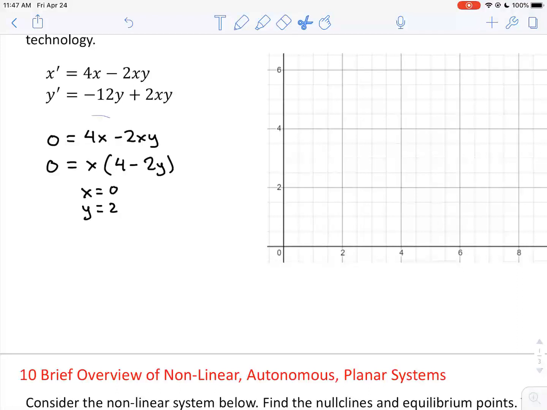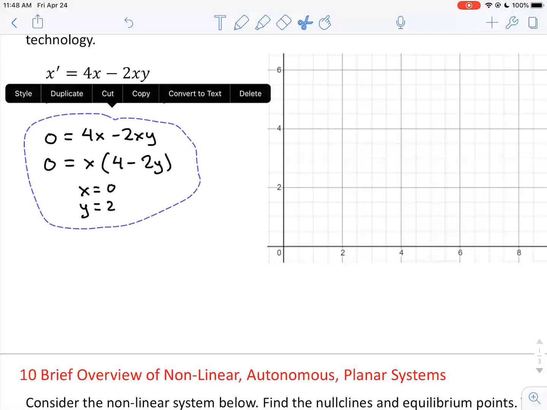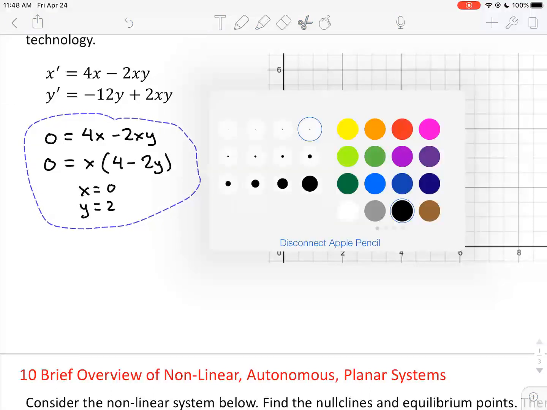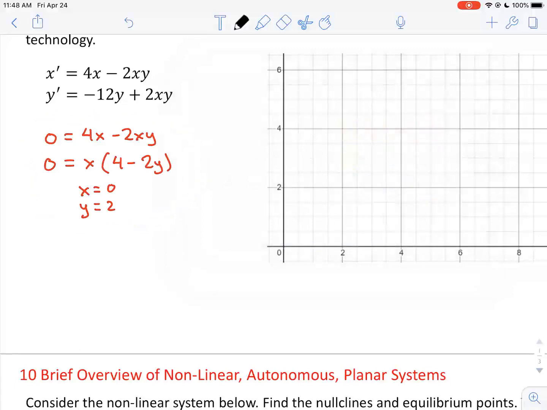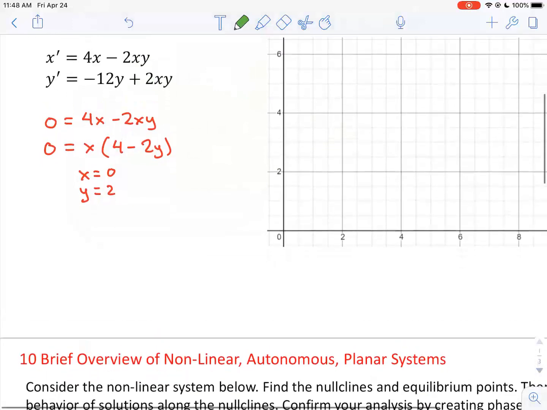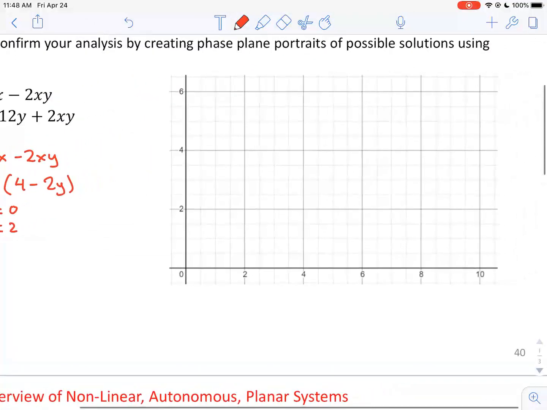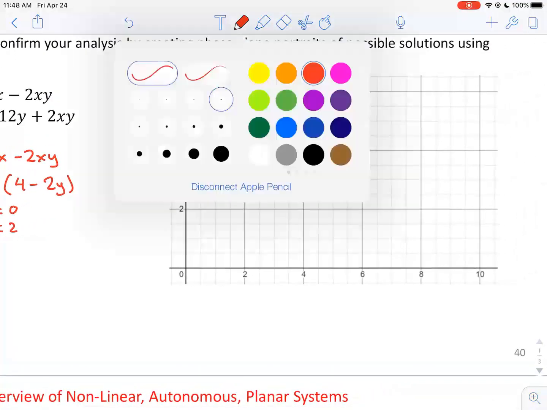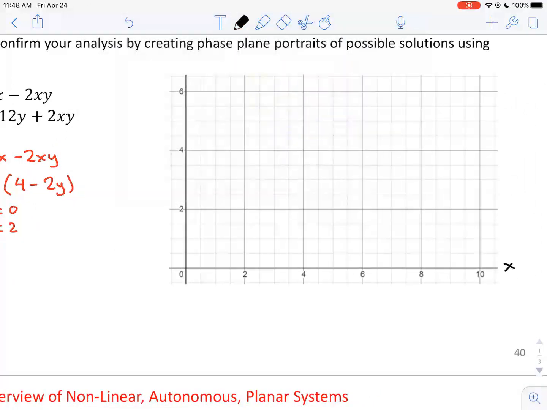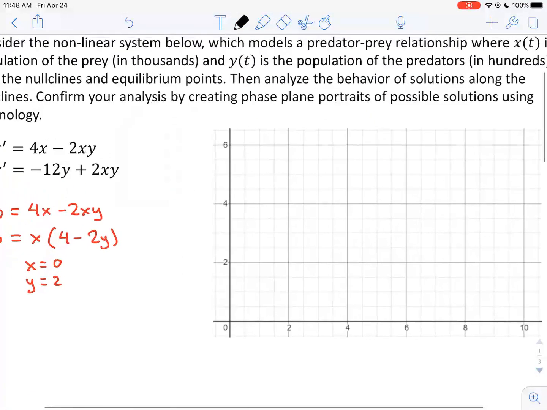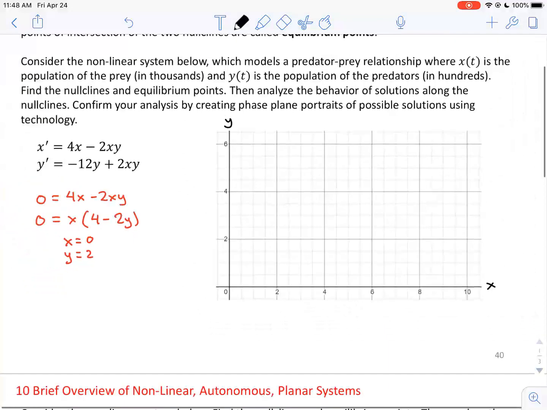Now I'm going to make the x nullclines be one color. Let's make them be red. And then the y nullclines will be, I don't know, green. In this picture over here, if I wanted to graph the nullclines, you'll notice I have given a space where we only have x and y as being positive. X stands for the population of the prey, and y was the population of the predators. And they have different units of measure.